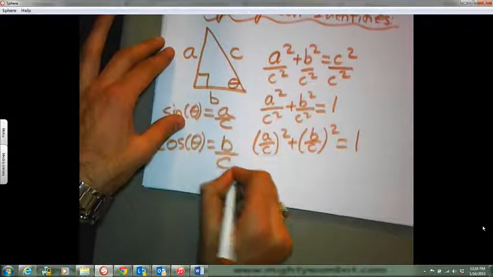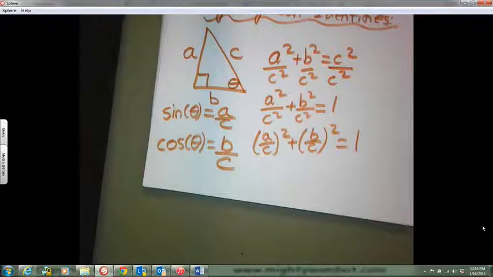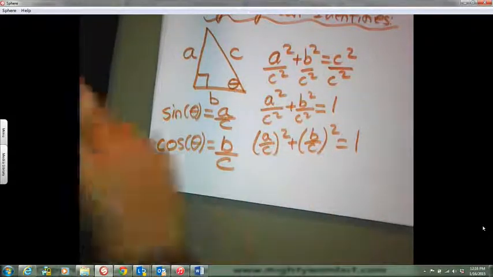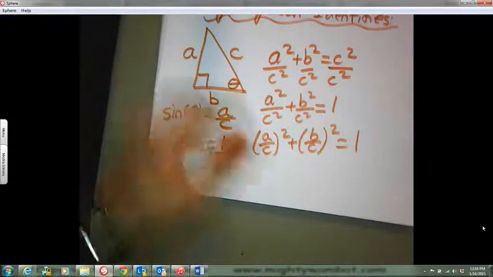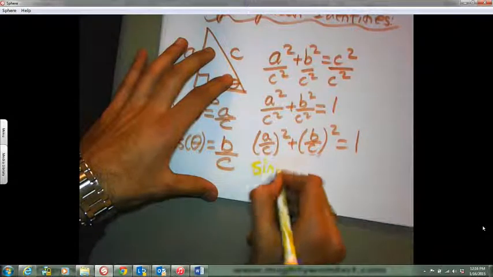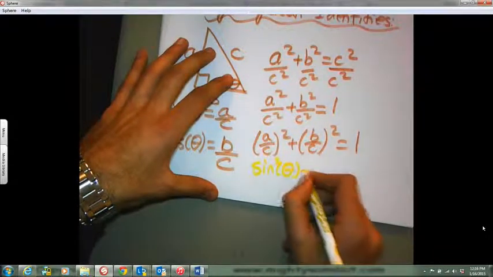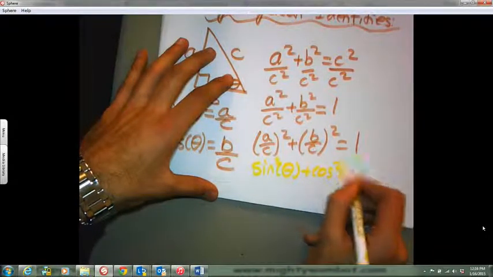And here comes the final step. A over C, another way of writing that is what? This is sine of theta squared plus cosine of theta squared equals 1. This is the first Pythagorean identity.